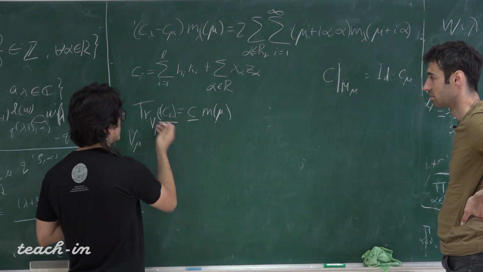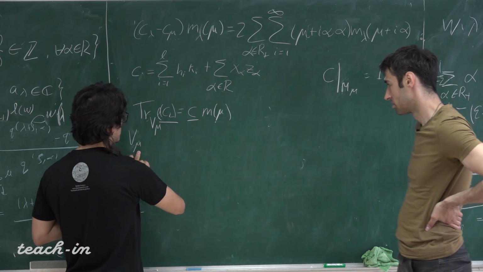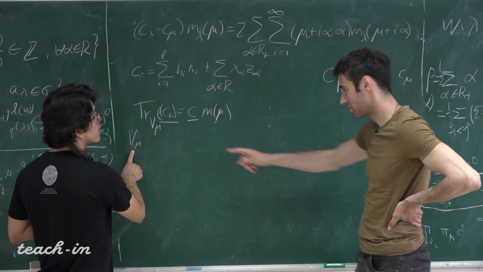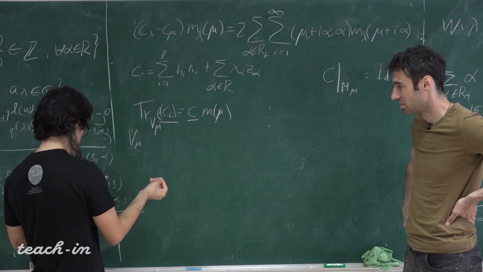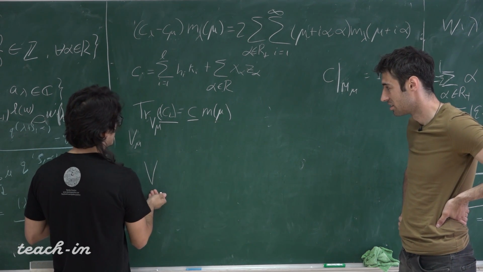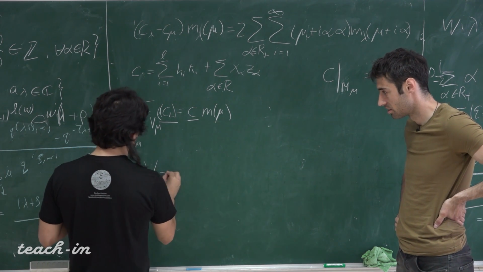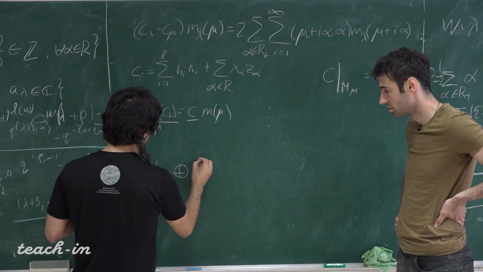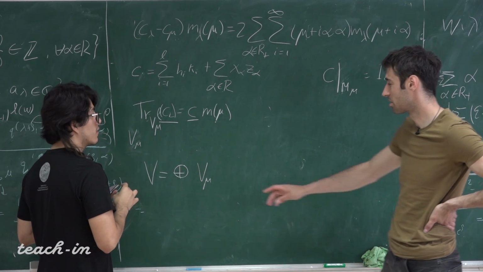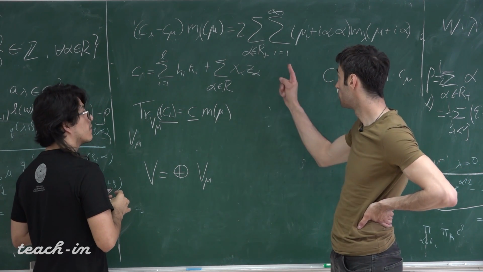So after we have the trace, we get just the dimension of this. This is just a G-module, for example, and we take V mu because these are the same as a direct sum. These are called weight subspaces. So this is not a representation of highest weight mu. It's a weight subspace inside the module.